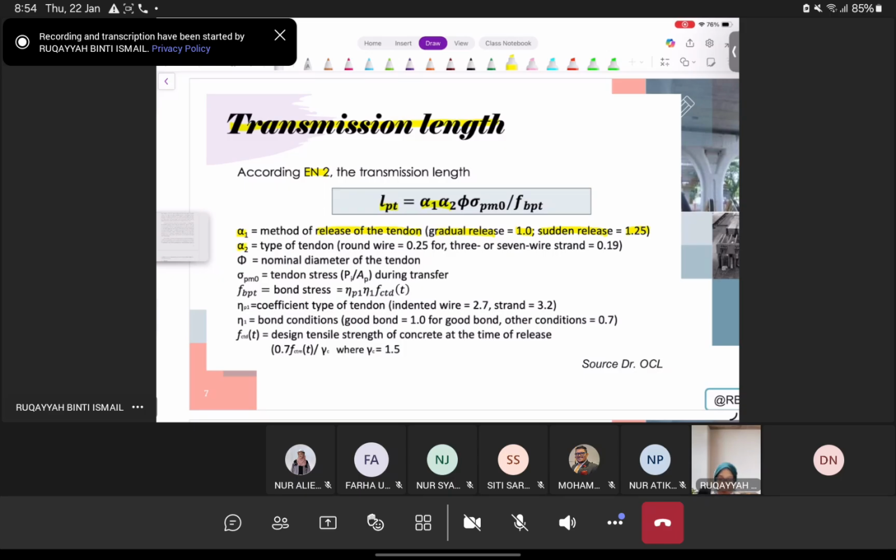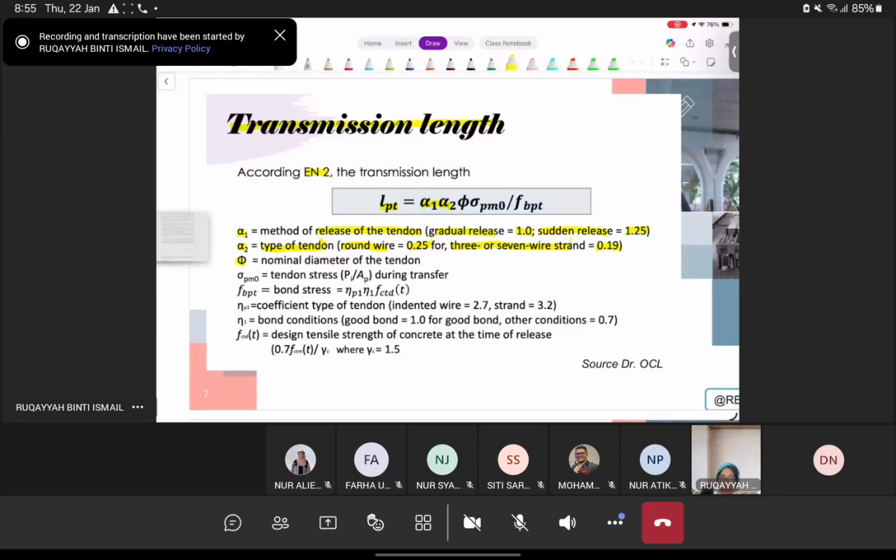Another parameter is alpha 2, which depends on the type of tendon. We have many types, and each type gives you a different coefficient value. For example, for round wire we can use 0.25, and if we have 3 or 7 wire strand, we can use 0.1.